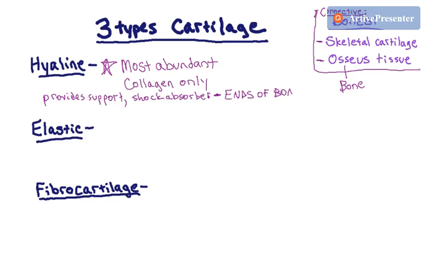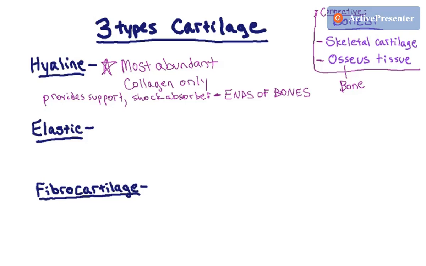Because the ends of the bones are where the bones are going to connect to other bones and make joints. And so the hyaline cartilage will line just the ends of the bones to make it comfortable to hook up to another bone and make a joint. Just like if you wear socks under your shoes so your shoes don't hurt your feet.